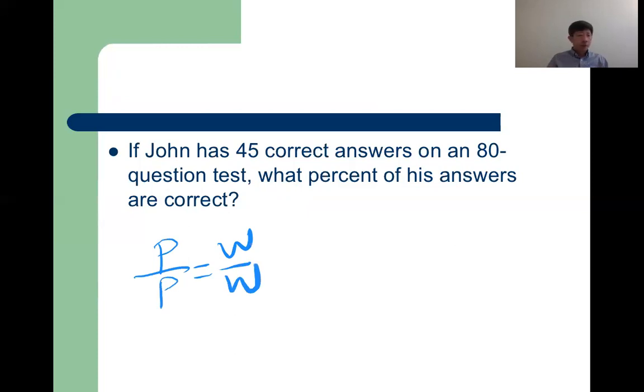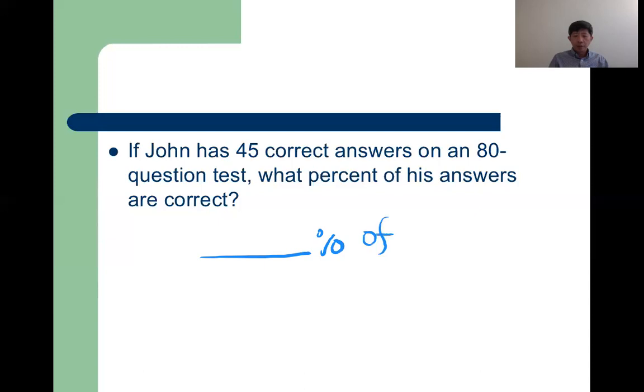So we have to set up the mathematical sentence, because we're looking for what percent of 80 is equal to 45. Once we have a mathematical sentence, we can label this as a part, this is also a part, and this is the whole.